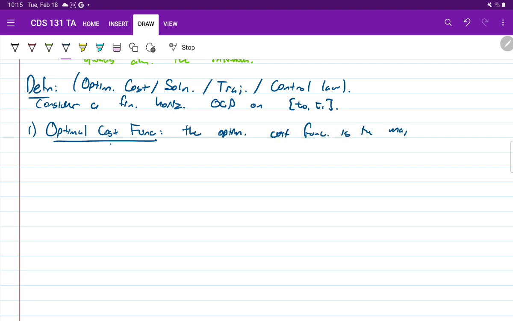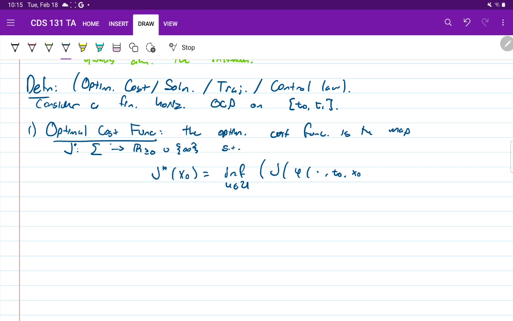Okay? So, the optimal cost function is the map J*, which goes from my state space Sigma and maps into R greater than or equal to 0, union infinity, right? So it can take on an infinite value, and this is defined such that J*(x0) is equal to the infimum over u in U of J(phi(., t0, x0, u), u).